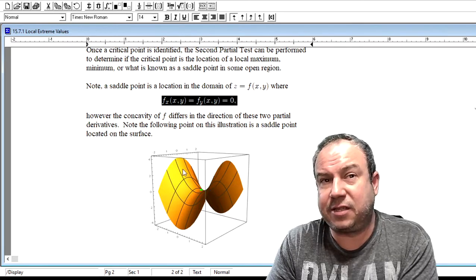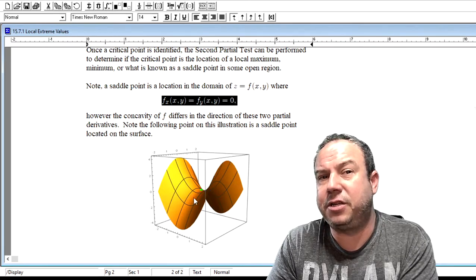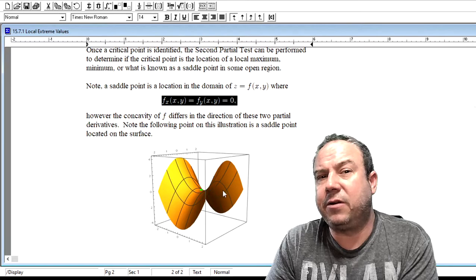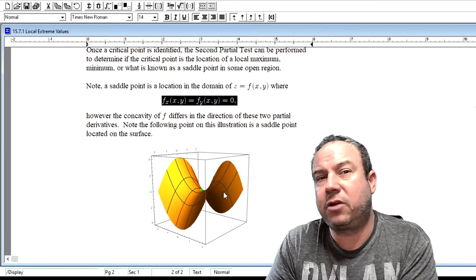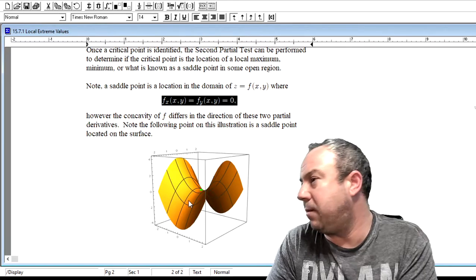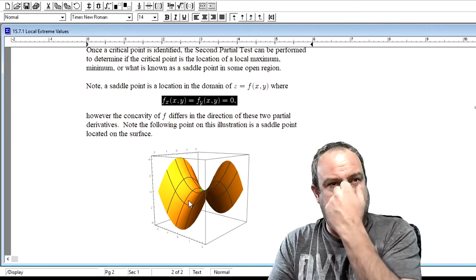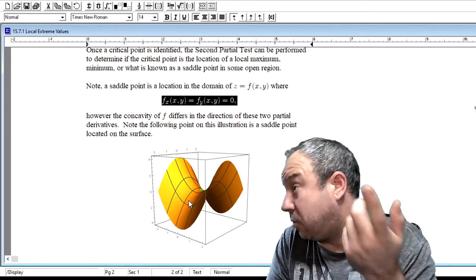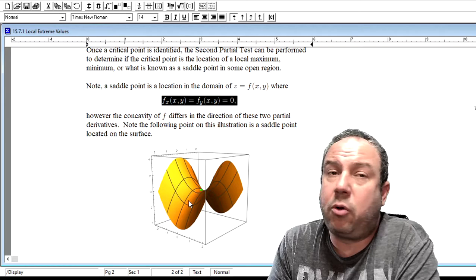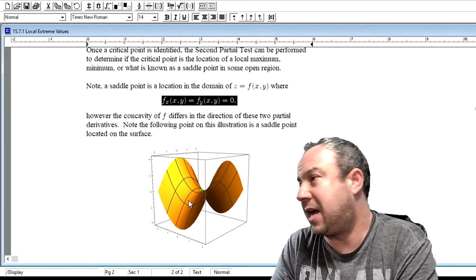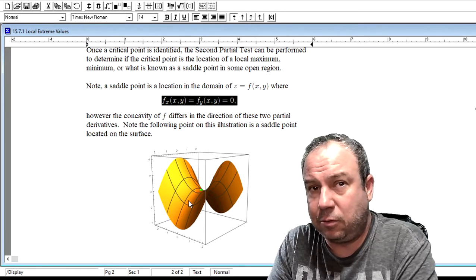Here we might say this curve is concave up in this direction, whereas the curve here is concave down in this direction. And what it creates is this saddle point shape, folks. It is where you could potentially have a critical point, but it's a critical point known as a saddle point. It's not an extreme value.